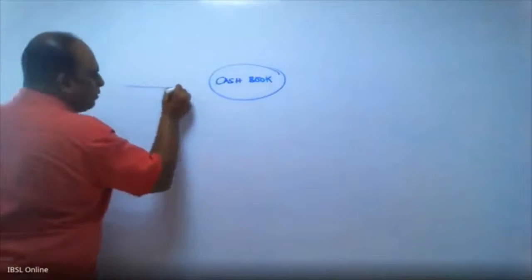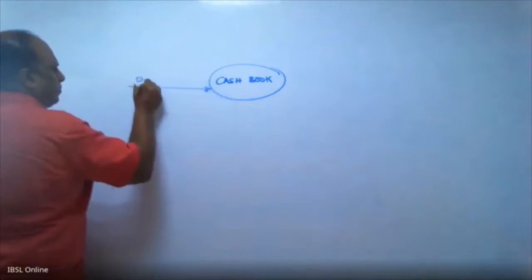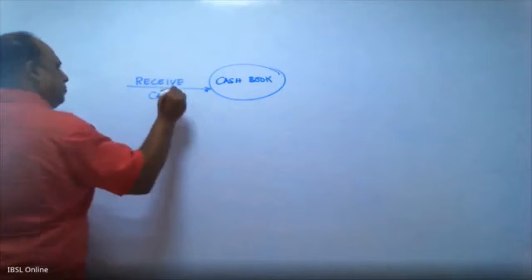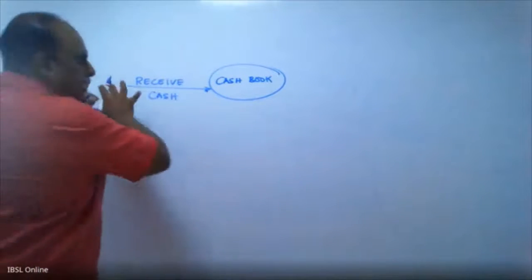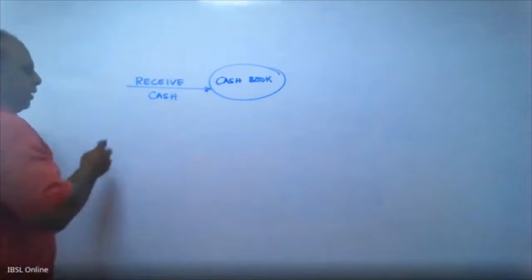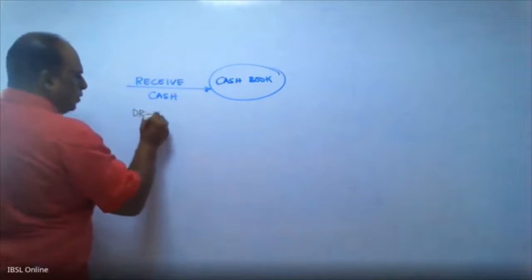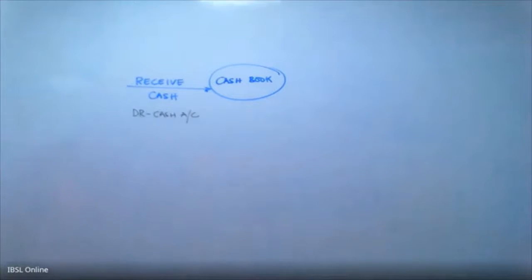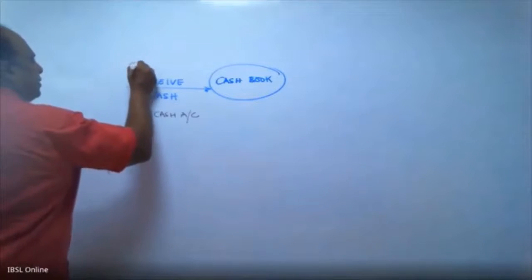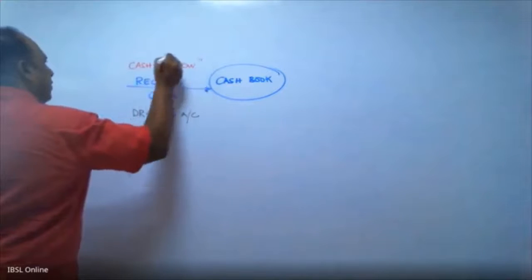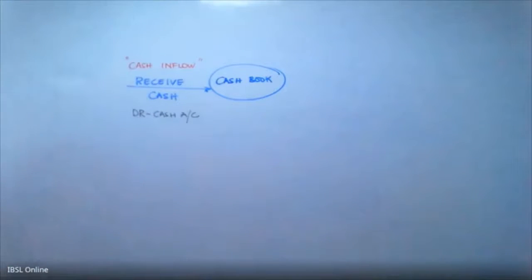So when you receive cash, money is coming into the cash book. You will debit your cash book or the cash account. We generally call this cash inflow. Remember the term because later on we will need this cash inflow.